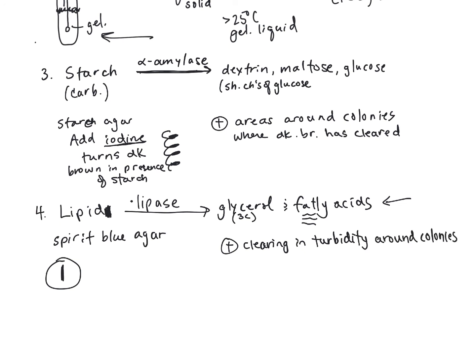So in other words, we're looking for those little fat droplets to disappear, so you're able to see through the media in just a little zone around the colonies. Some of your plates won't be blue anymore after you incubate them. That doesn't have anything to do with whether it's positive or not. We have to see a little bit of this clearing. When you hold it up to the light, it helps because the light can come through a little bit easier.